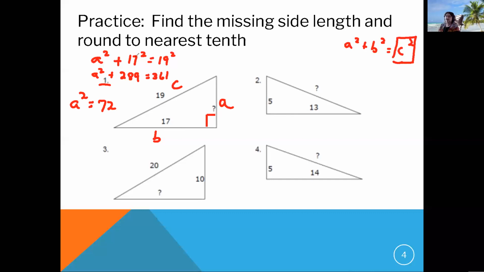So I'm going to square, and you said you understood that 17 times 17 is 289, and that 19 times 19 is 361. See how they're on opposite sides of the equal sign? When they are on opposite sides, you subtract. So what's 361 minus 289?